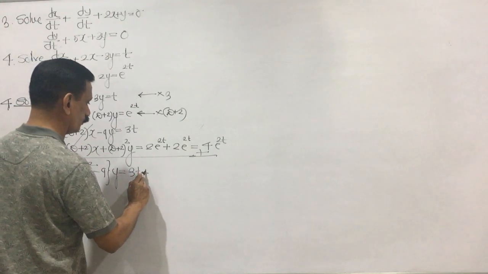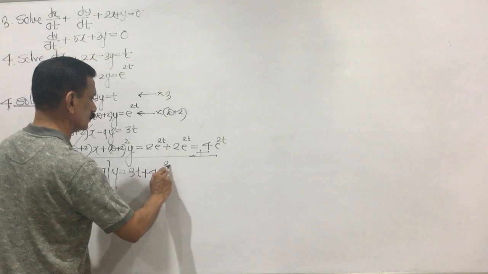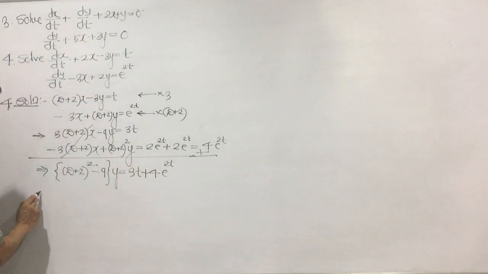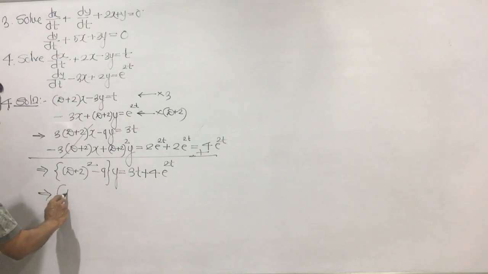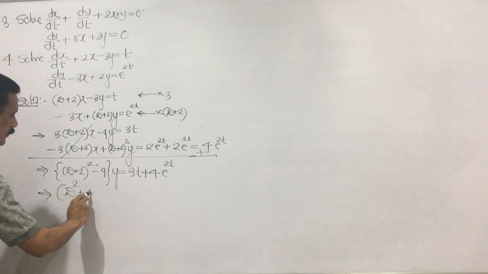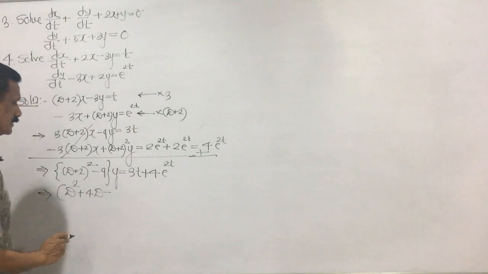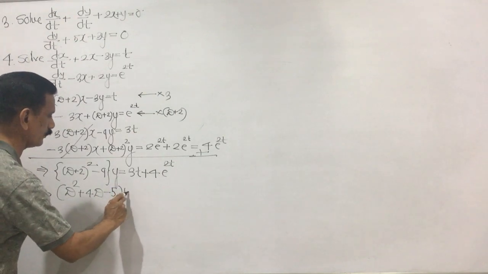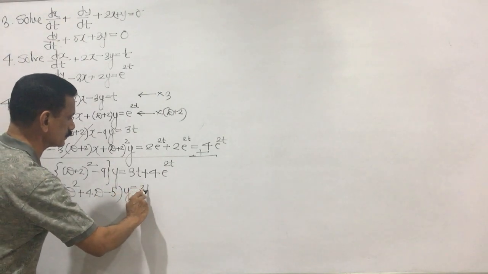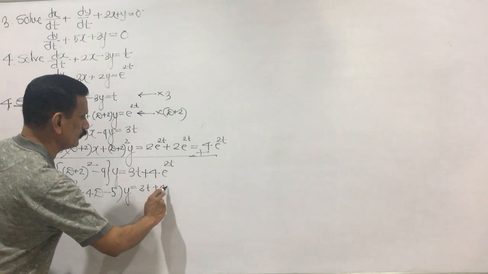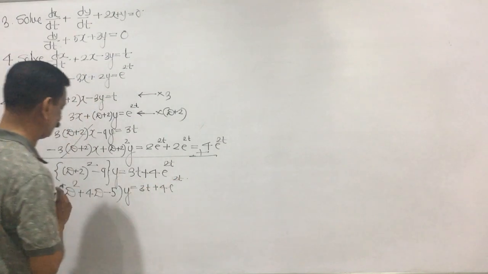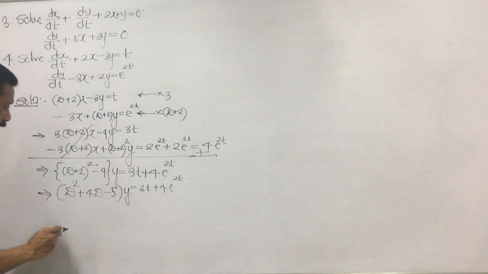So, it is 4 e raised to 2t, and this on simplification, d square plus 4d, look here, 2 square is 4, 4 minus 9 means it is minus 5y, 3t plus 4 e raised to 2t. Okay. Now, we write the auxiliary equation.